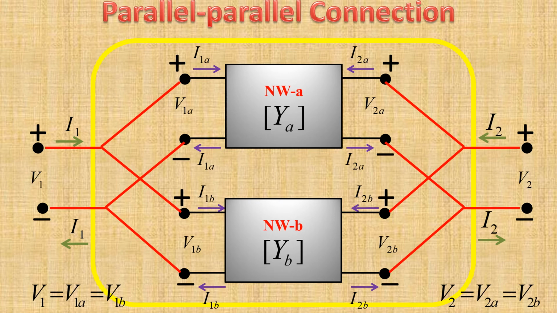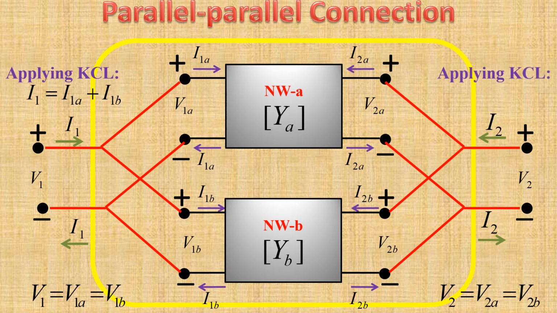By applying Kirchhoff's current law at the input port, we can write I1 equals I1A plus I1B. By applying Kirchhoff's current law at the output port, we get I2 equals I2A plus I2B.